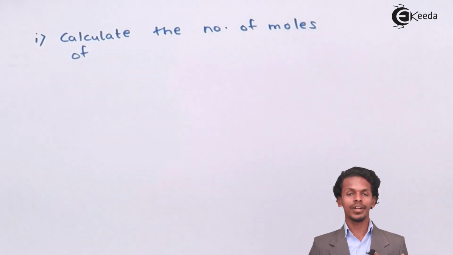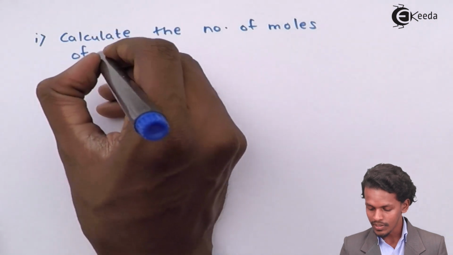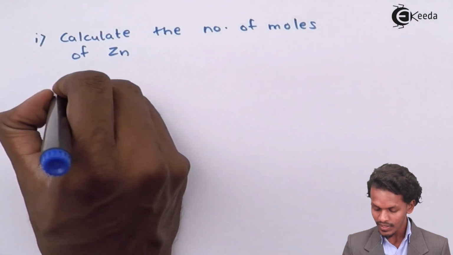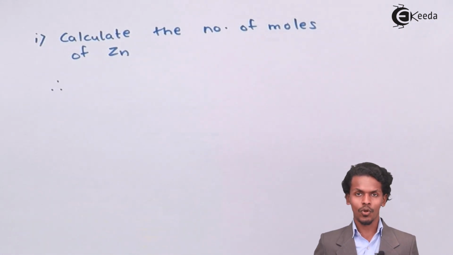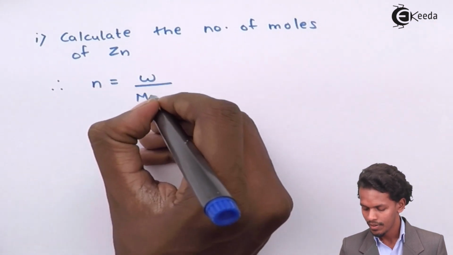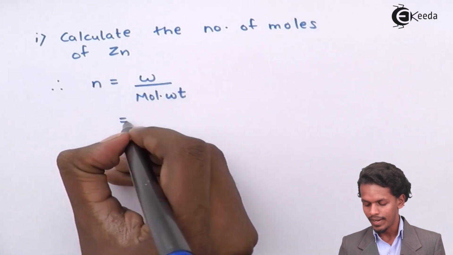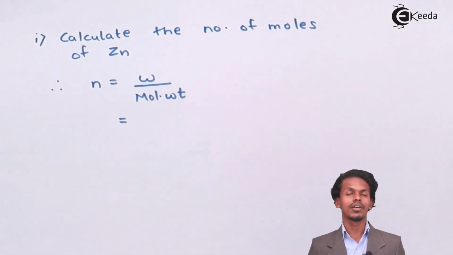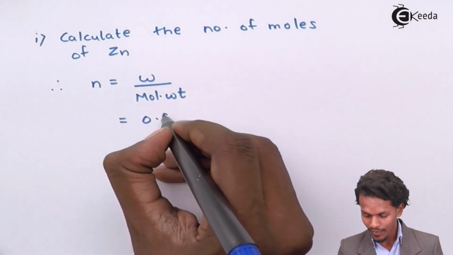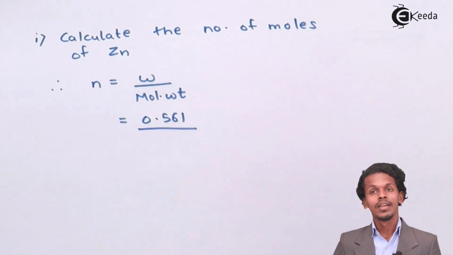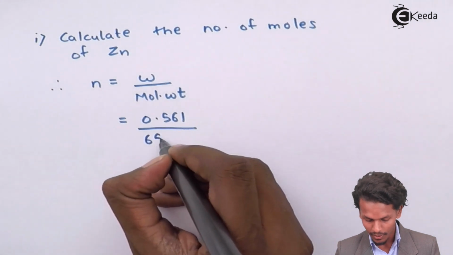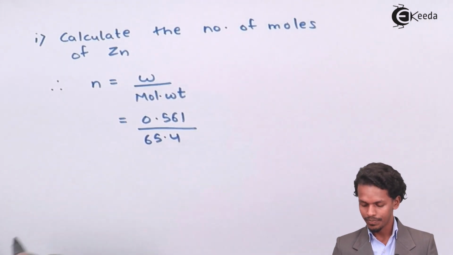In this case, we have to calculate the number of moles of zinc, because the weight of zinc is already provided to us. Since we know the number of moles formula, that is n equals weight divided by molecular weight, in this case the weight, that is the mass of zinc provided to us, is 0.561, while the molecular weight is 65.4 gram per mole.